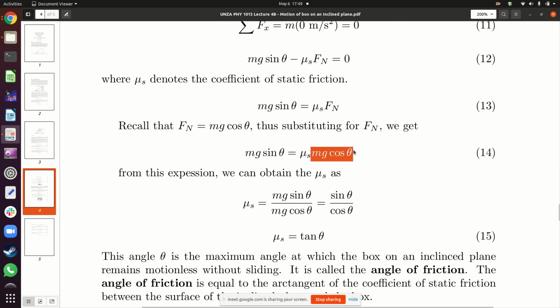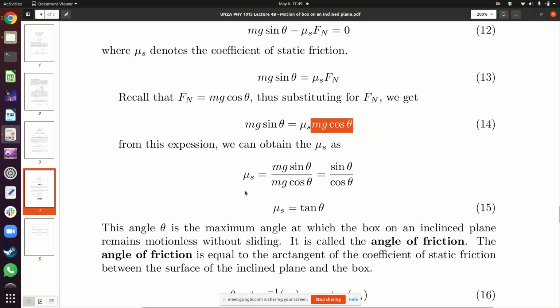If you divide on both sides by mg cos theta, you end up having mu s equal to mg sin theta divided by mg cos theta, which gives sin theta divided by cos theta, which gives the coefficient of static friction equal to tan theta.